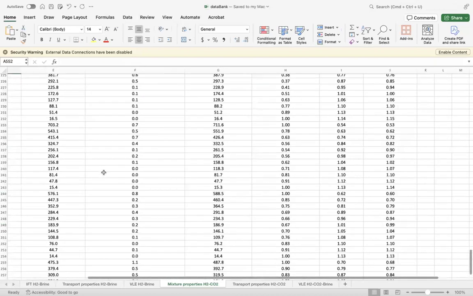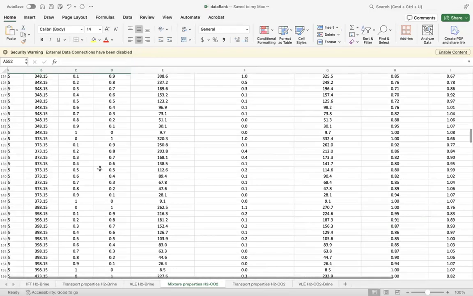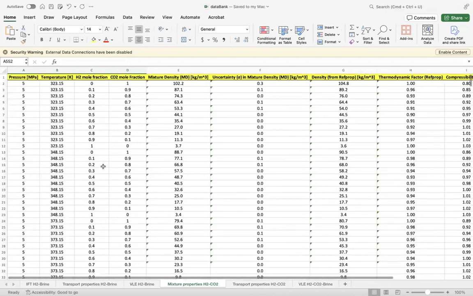Another thing that I wish to mention is that these properties have been mainly computed from molecular simulations.